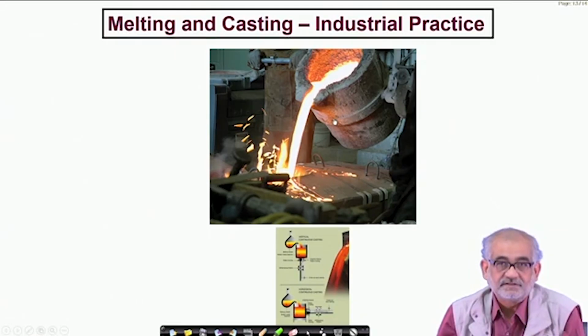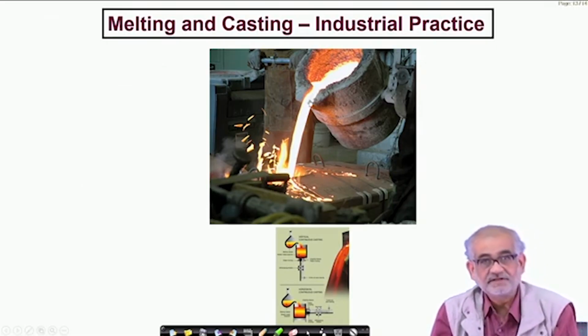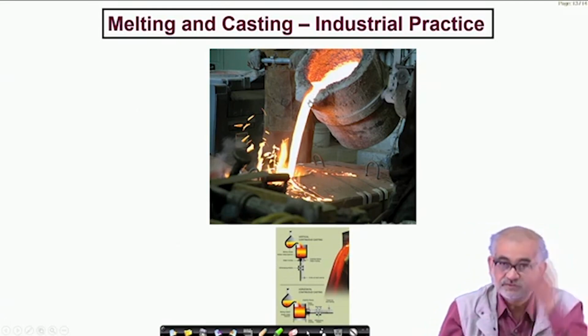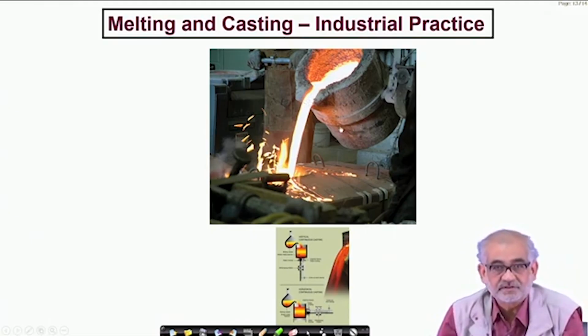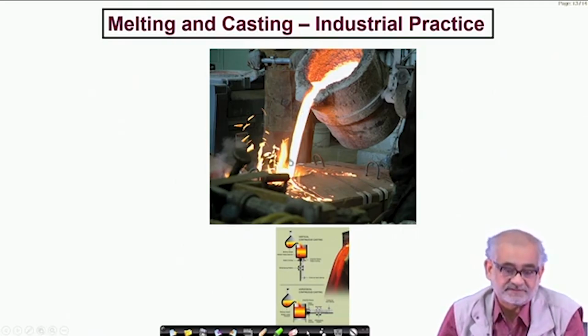In other words, liquids usually have unlimited solubility, so no matter what the composition of the liquid is, we essentially have a single phase liquid, and that is easy to deal with because we are dealing with either a fixed melting temperature or a fixed liquidus and solidus temperature or a solidification range, and that allows us to actually design a particular solid depending upon its volume, shape, and other geometric factors.